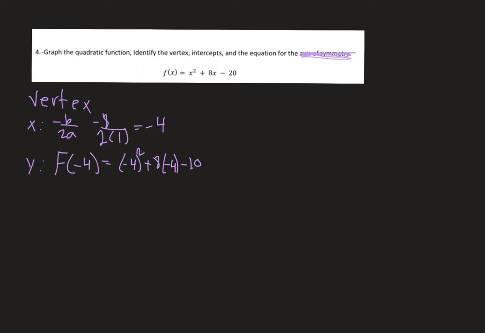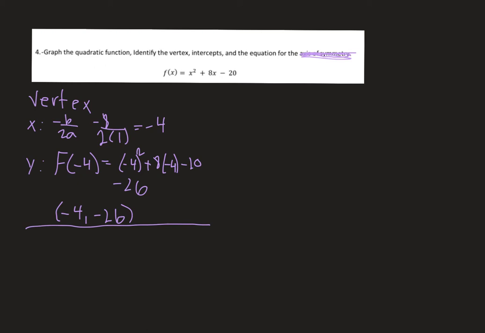Alright, and so that equals negative 26. So our vertex, the point, is negative 4, negative 26. Now that is going to be off of our graph here. On your test, we have made sure that your points will be on the graph, so don't worry about that too much.